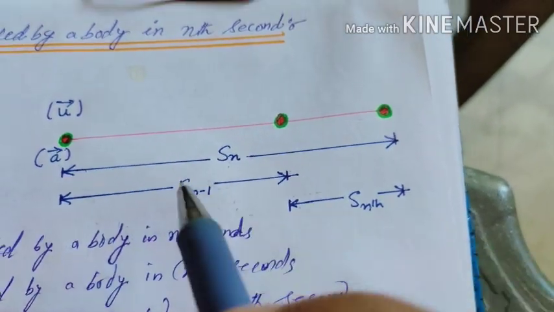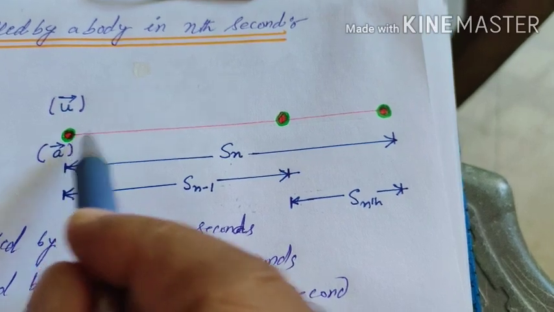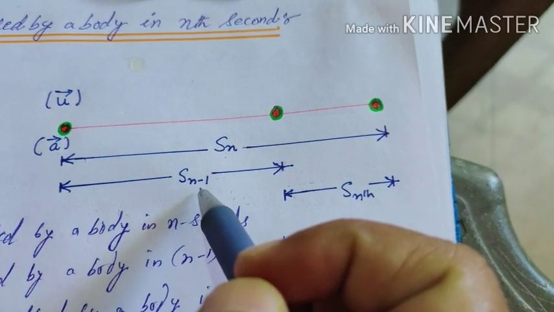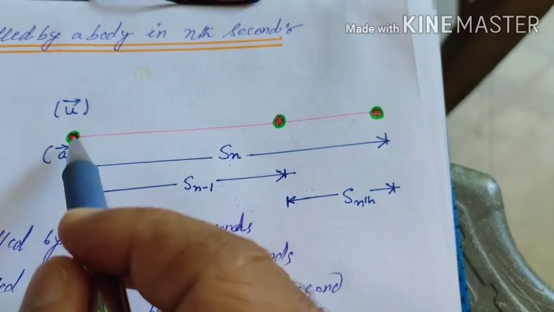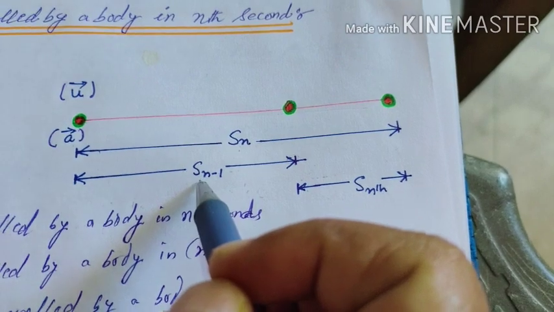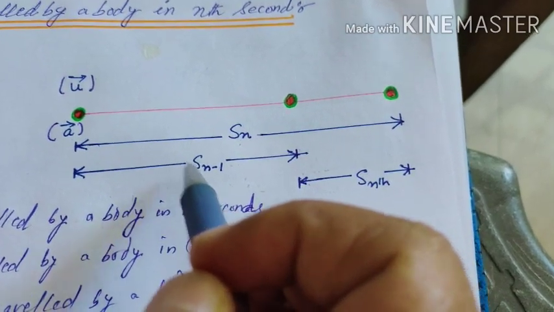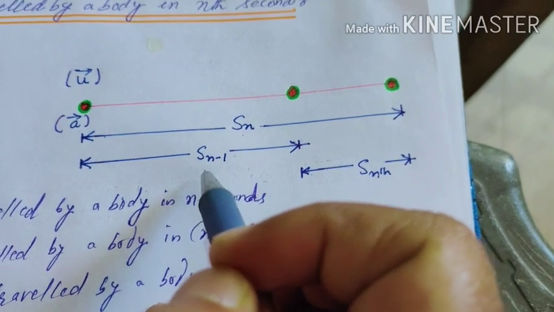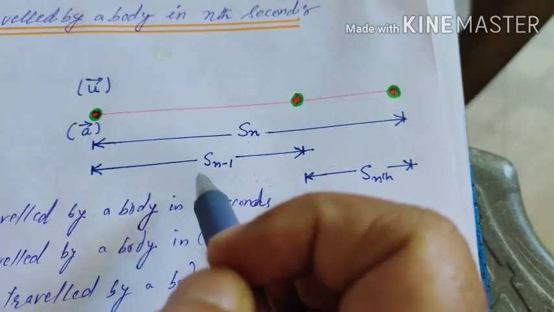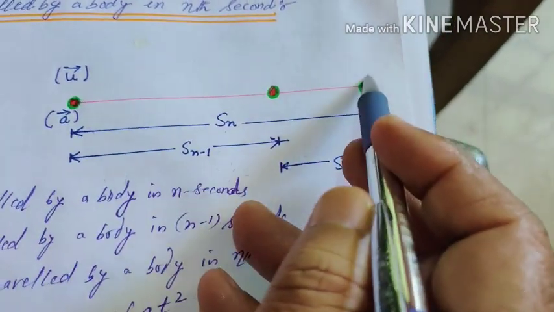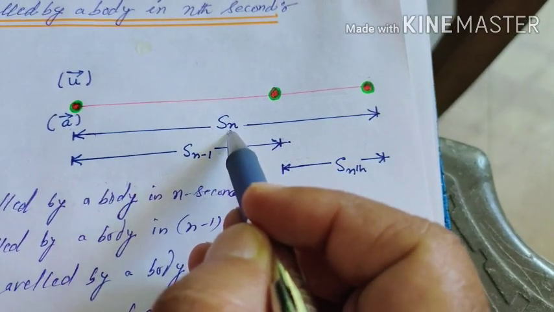Second is the distance traveled by a body in n minus 1 second. I have denoted this distance by Sn minus 1. Sn minus 1 stands for the distance traveled by a body in n minus 1 second. For simplicity, if a body takes 10 seconds from here to here, this is S10.